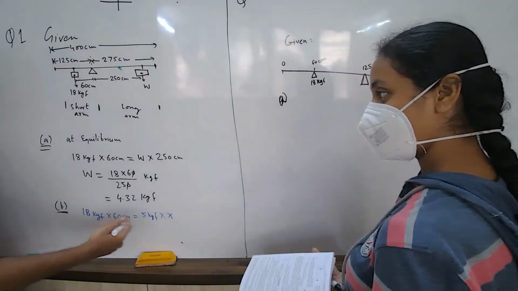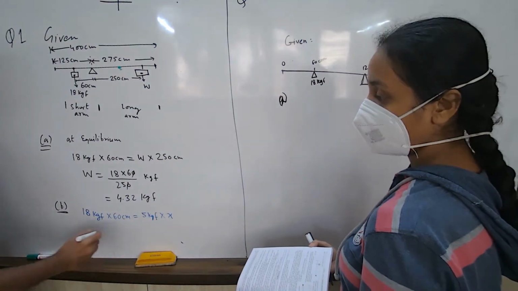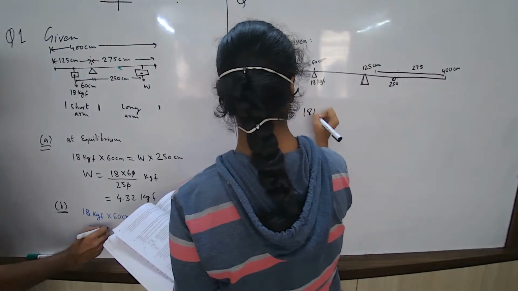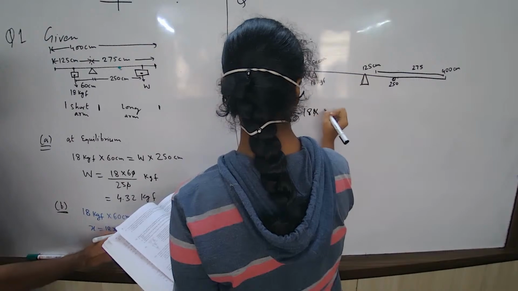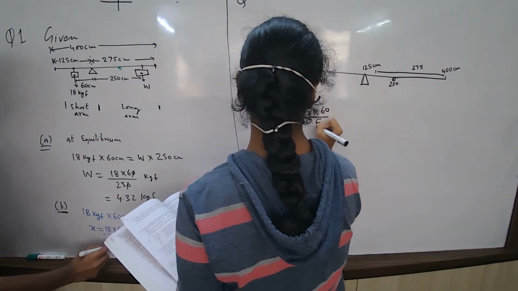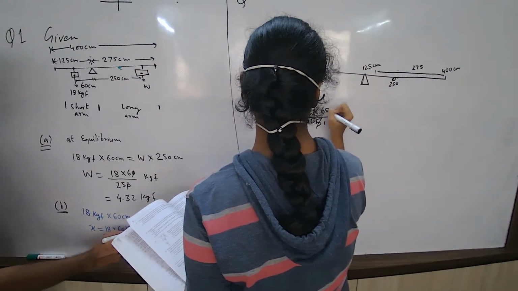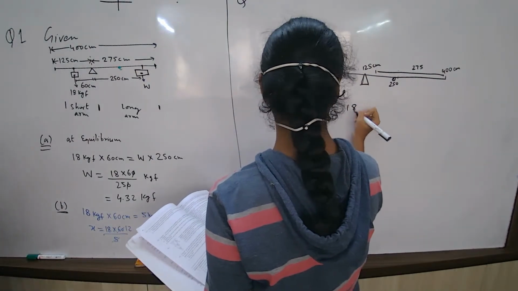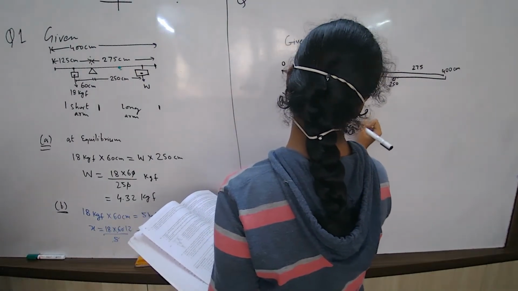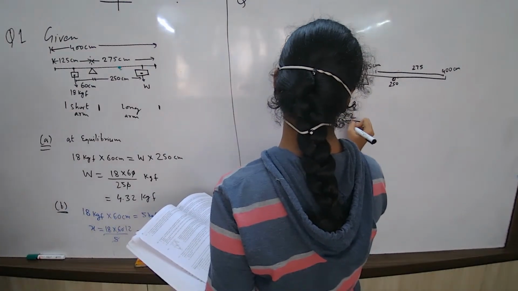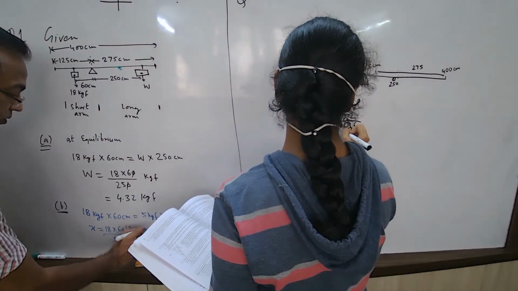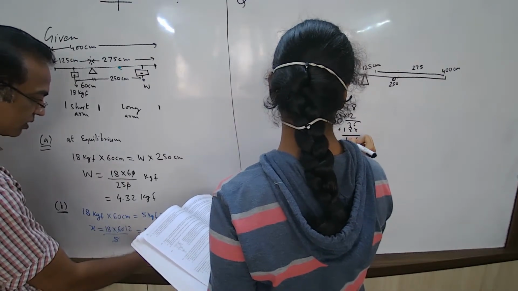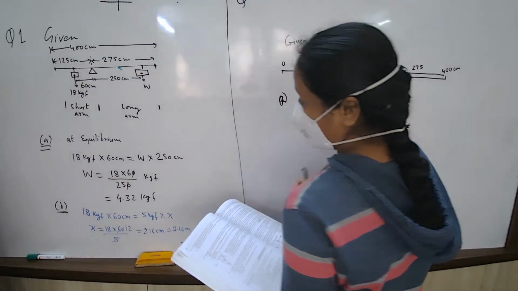Because we don't know where it has to be hung. तो अभी x is equal to क्या हो जाएगा? X is equal to 18 into 60 divided by 5. 12 है. 18 into 12 कितना होता है? 216 centimeter, which is equal to 2.16 meter. समझ आ गया सबको?